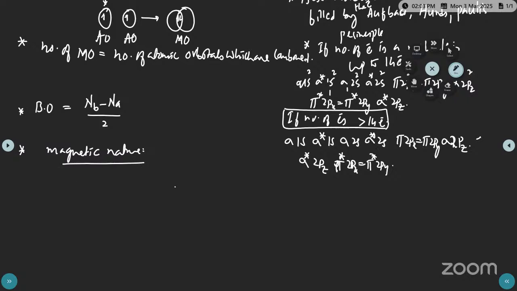If electrons are paired, the molecule is diamagnetic in nature. What is the meaning of diamagnetic?